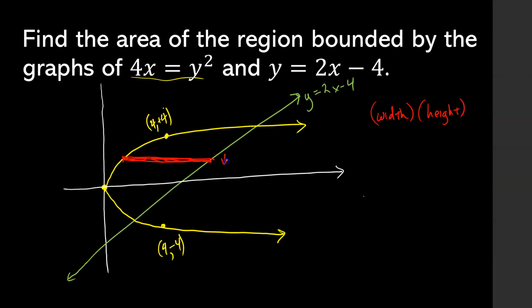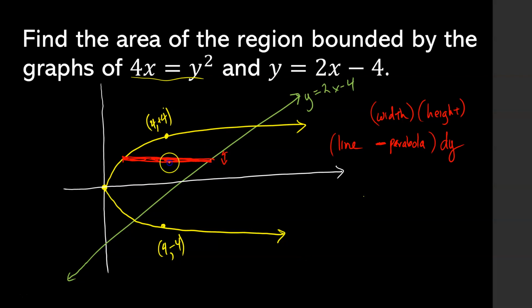What's the height of each of these rectangles? They're all going to be a very small change in y. We like to have that dy. And now what's the width going to be? Well, it's going to be something minus something. It's going to be the line minus the parabola. The line is always to the right, so it's kind of on top.